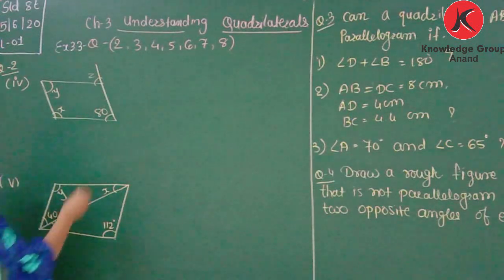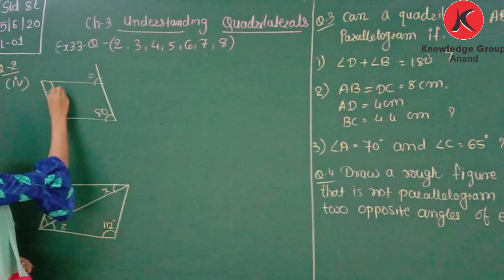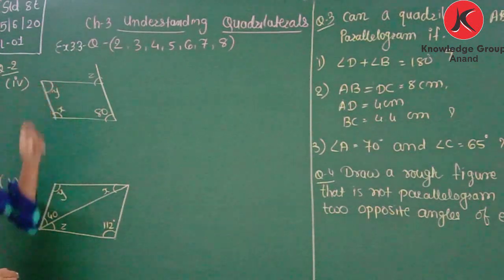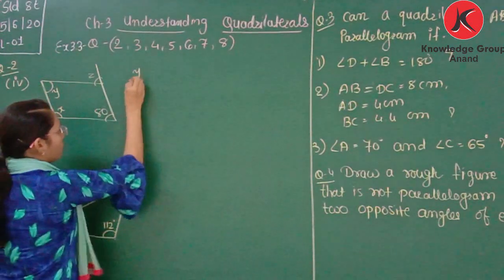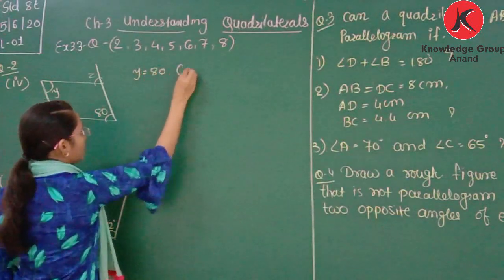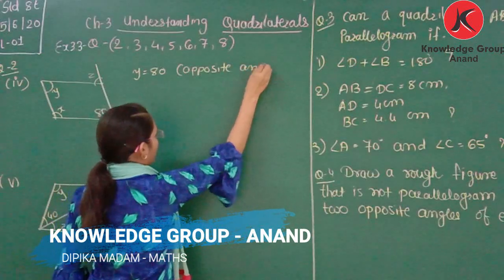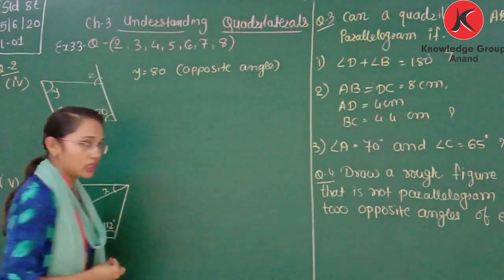Okay, so here this angle is 80, so angle y is also 80. Why? Because this angle and y are opposite angles. So y is equal to 80, reason: opposite angles are equal.